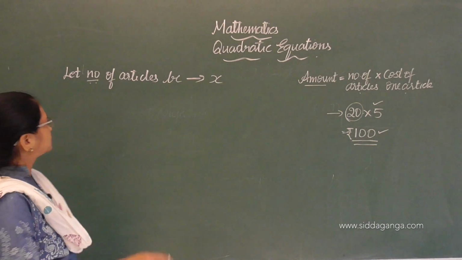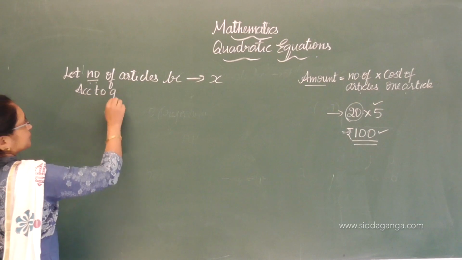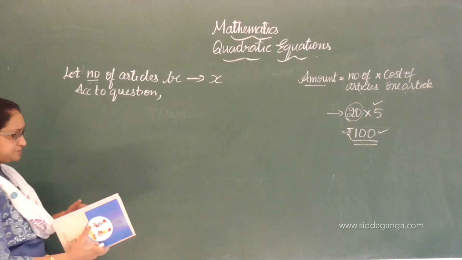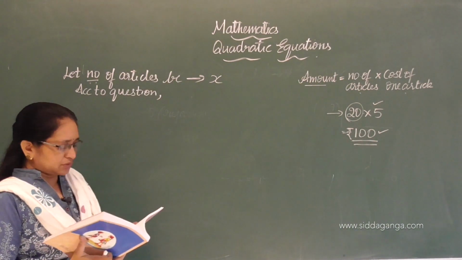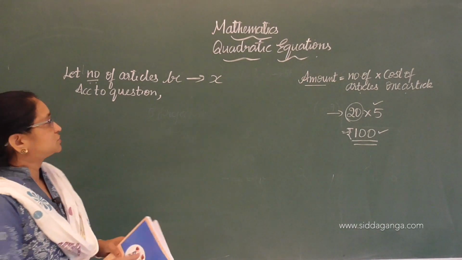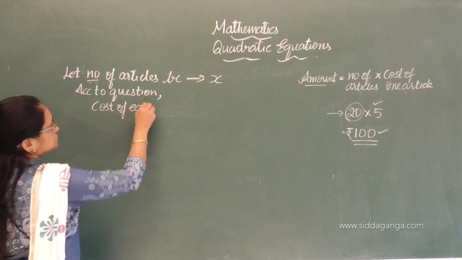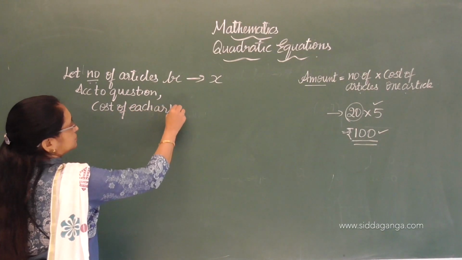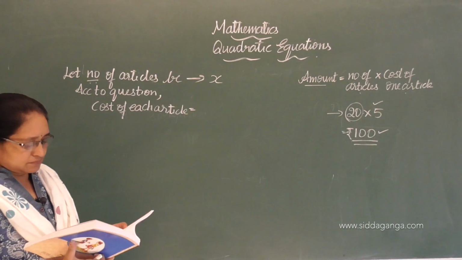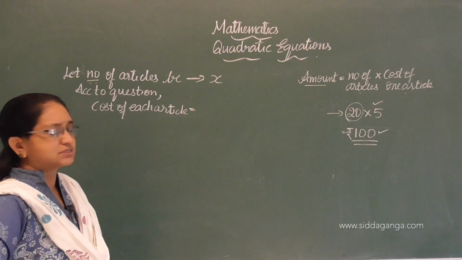Then according to the question, they have given that it was observed on a particular day that the cost of production of each article on that day was 3 more than twice the number of articles.